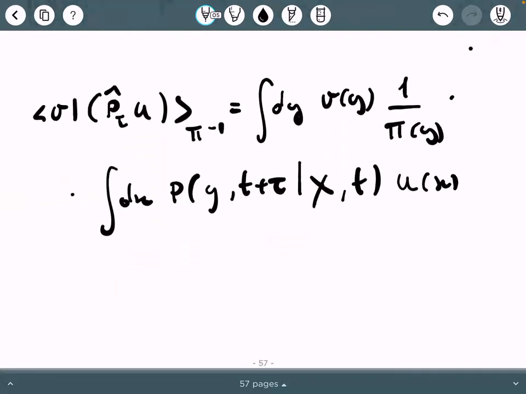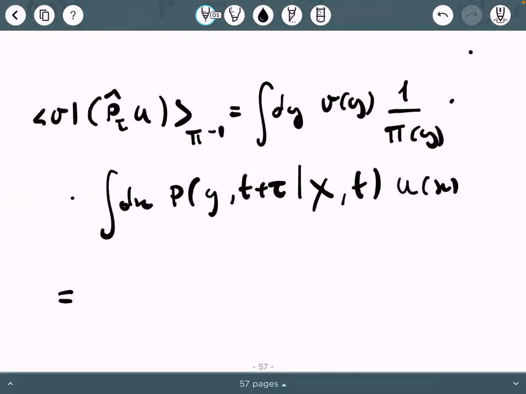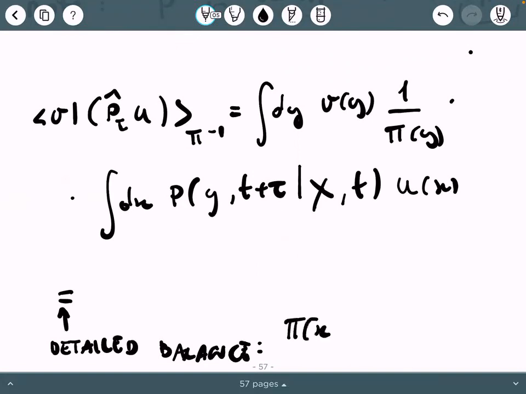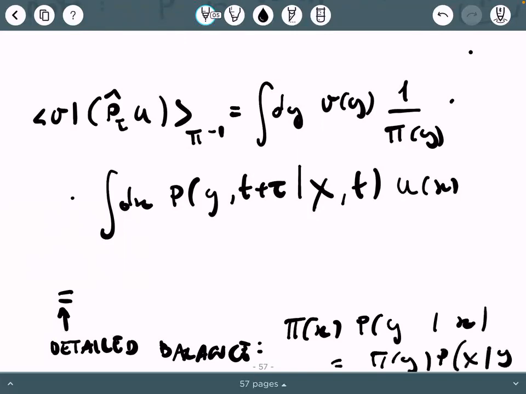Now, the next step is to use detailed balance. And remember, detailed balance means pi of x, p from x to y, is equal to pi of y, p from y to x, right? So if you apply it here, you can actually swap x and y at the price of adding a particular combination of pi's.